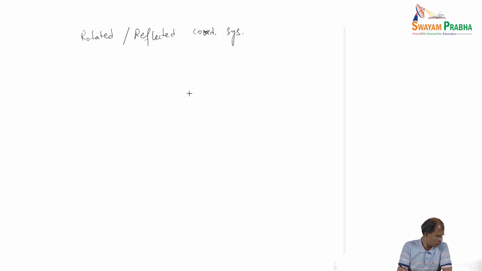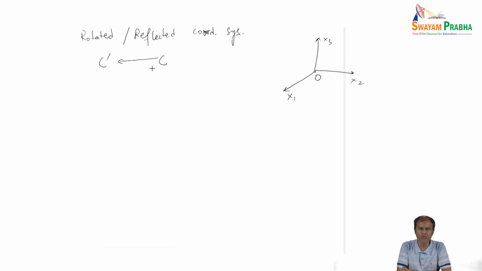Okay, so suppose C prime is obtained from C through a rotation about one axis. Let me draw the axes here. So this is my x1, x2 and x3, and this is my center O. So C prime is obtained from C by rotation through an angle psi about OX3.